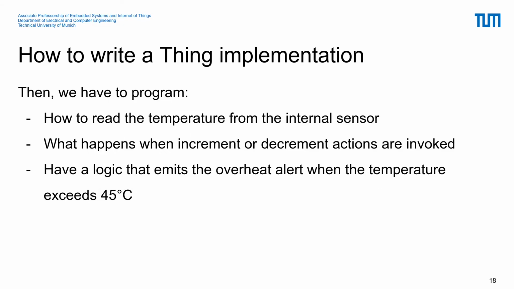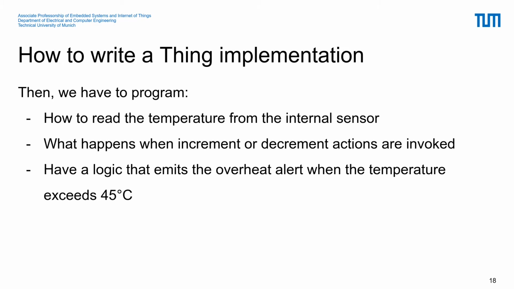So now that we have written the interaction descriptions, we actually have to program how to read the temperature from the internal sensor. If I have a Raspberry Pi and some GPIO pins that connect to a sensor, how do I actually get this data into the property value, and how do I increment or decrement the physical temperature?